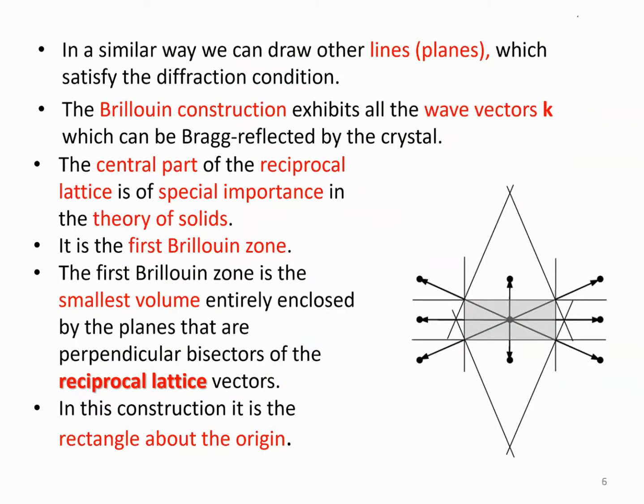So in a similar way we can draw other lines in 2D and planes in 3D which satisfy the diffraction condition. The Brillouin construction exhibits all the wave vectors k which can be Bragg reflected by the crystal. So the center part of the reciprocal lattice is of special importance in the theory of solids. This is the first Brillouin zone.